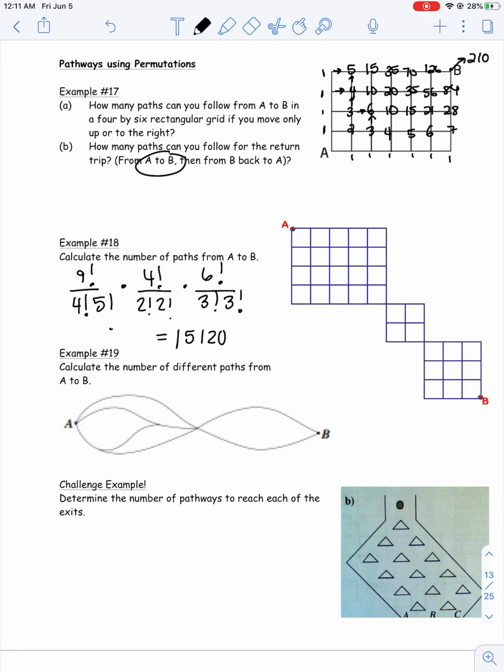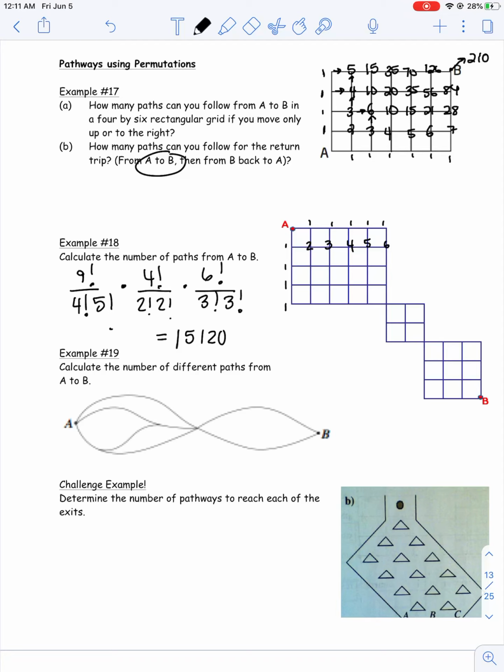Okay, so we're still going in the direction of A to B. Along the side lengths, I have 1s, because there's only one way to get there. Once I do the direct side lengths, then I start adding up. 2 plus 1 is 3, 3 plus 1 is 4, 4 plus 1 is 5, 5 plus 1 is 6.